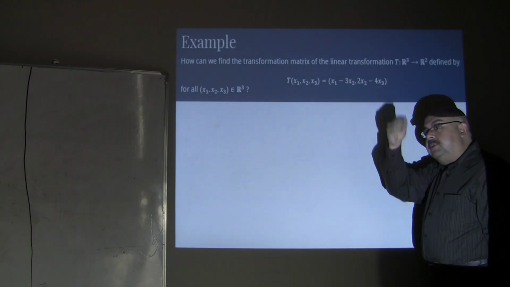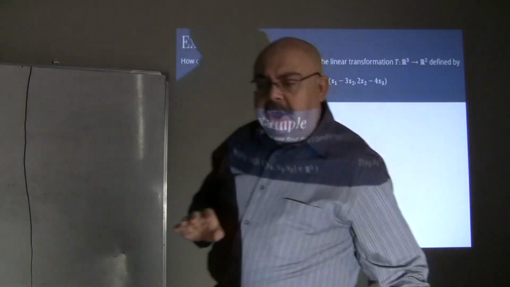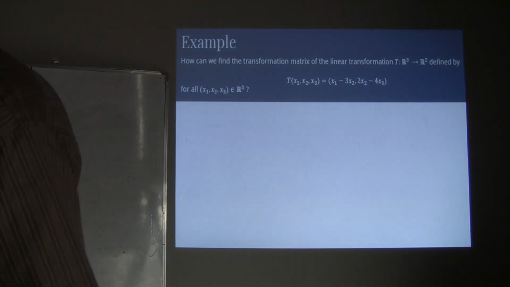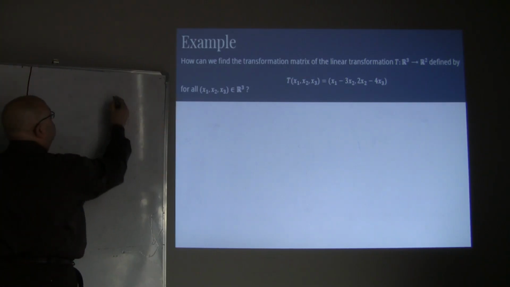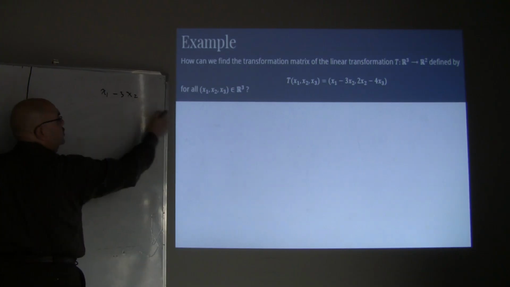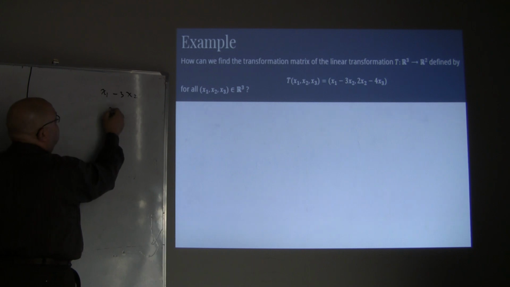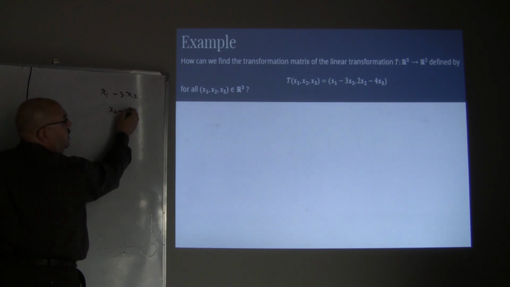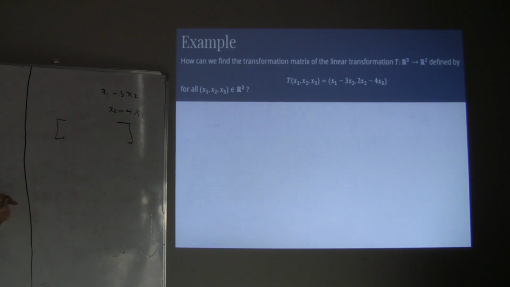I can perform it by columns. It's very simple. All I have to do is write these two components as columns. So it's going to be x1 minus 3x2, and for the second row, I have x2 minus 4x3. I can write the transformation matrix very simply by columns.